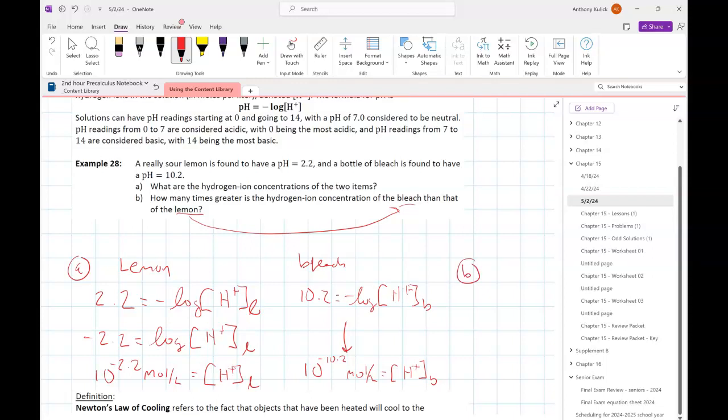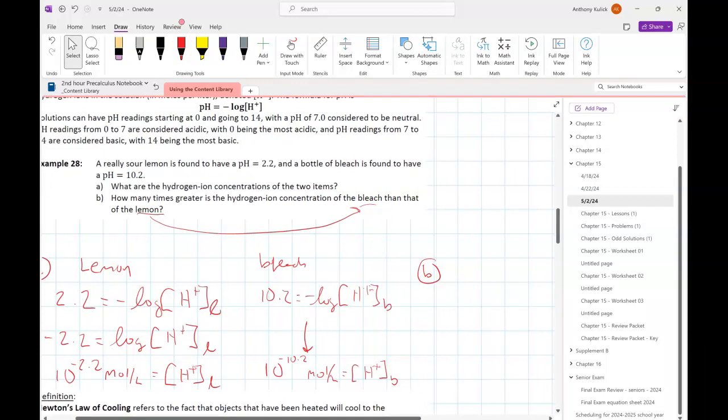All right. And then the last one wants to know how many times greater is the ion concentration in the lemon than the bleach. I don't know why, that's got to be a typo. So I'm going to do my lemon over bleach.